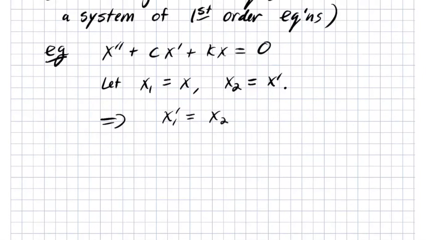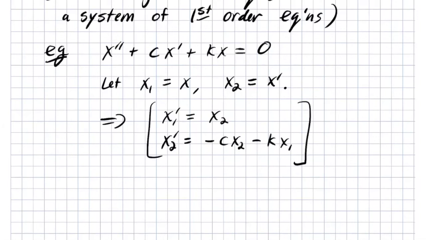That's what I just said above. And then x2 prime is going to be the second derivative of x now, and we have a formula for that. That's going to be negative c x prime, but x prime is x2, and then negative k x, where x is x1. So we get this equation.